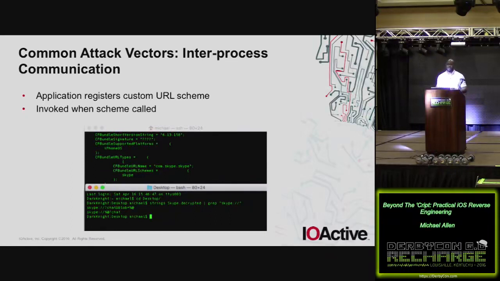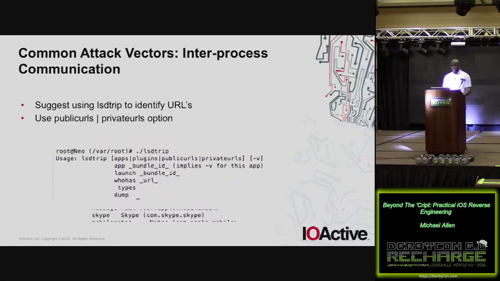Skype had a bug where you could invoke Skype through the URL scheme without the user's consent and make premium calls, right? The tool I would recommend is LSDCrypt, using the public or the private URLs option. Pretty much gives you the same thing and then some.